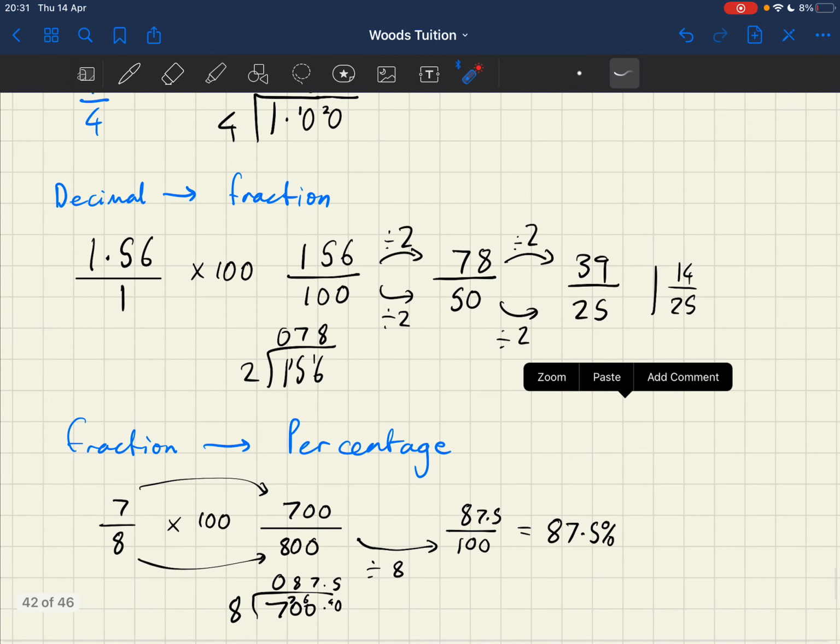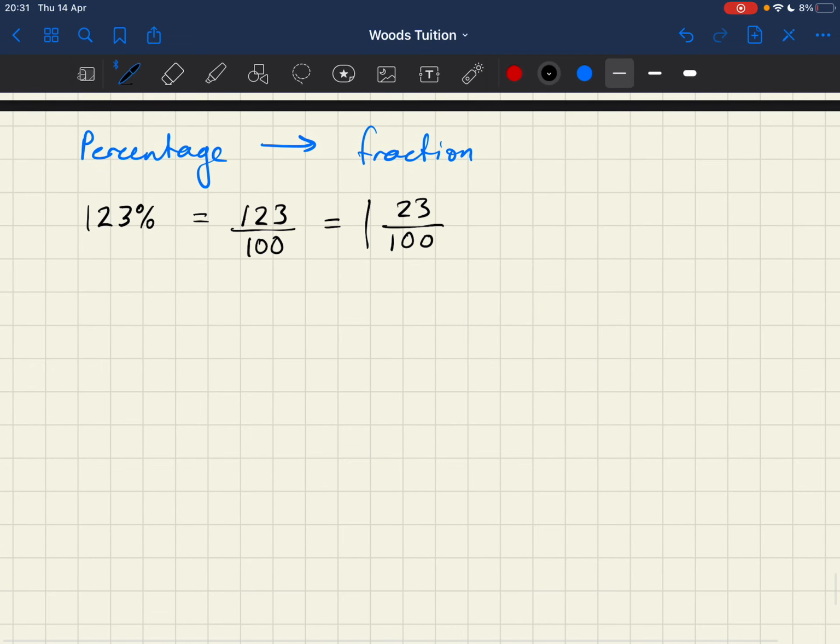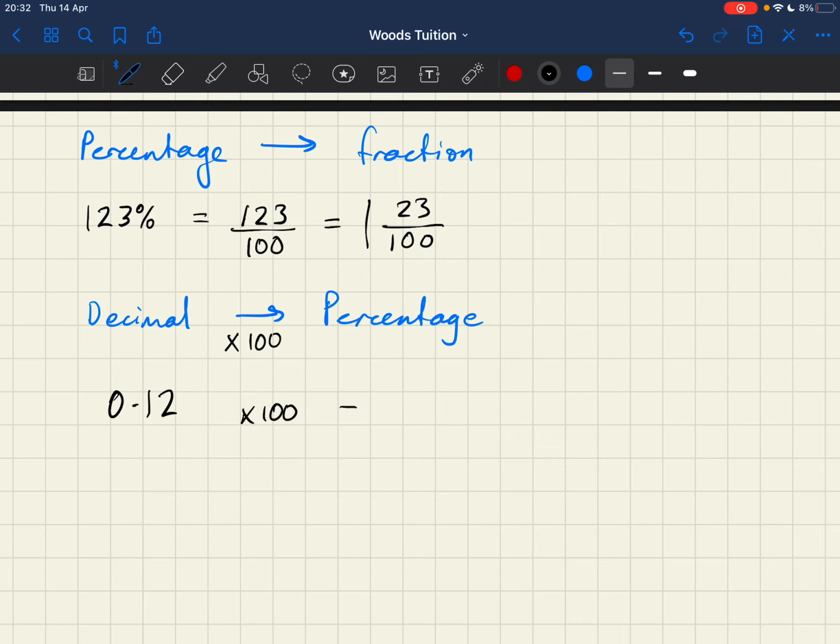Okay, so what about decimals and percentages? Decimals and percentages I've left to last because they're probably the most straightforward. So decimal to percentage, all you need to do is times by 100. So if we have 0.12, that's going to be times by 100, which is equal to 12%.